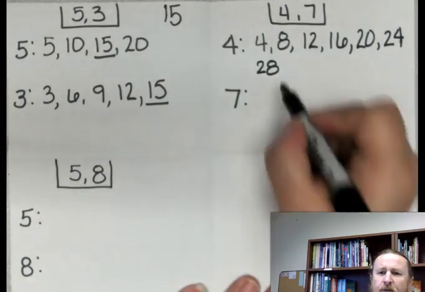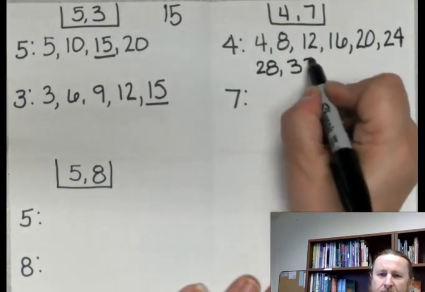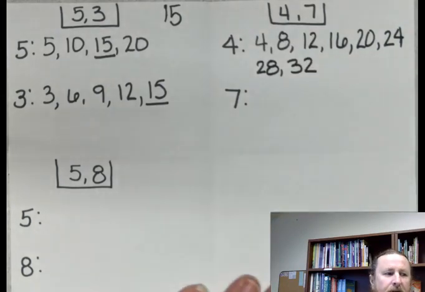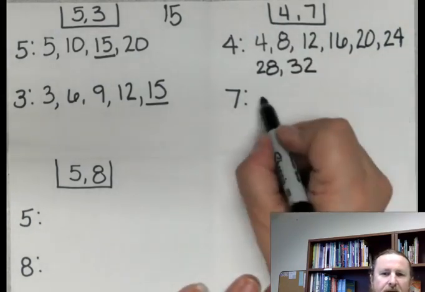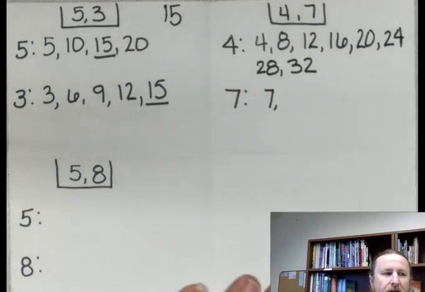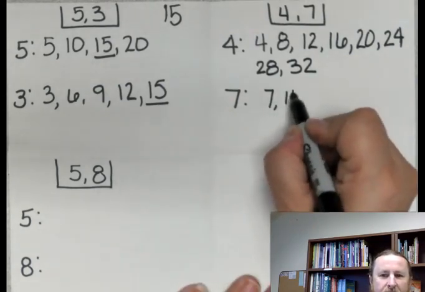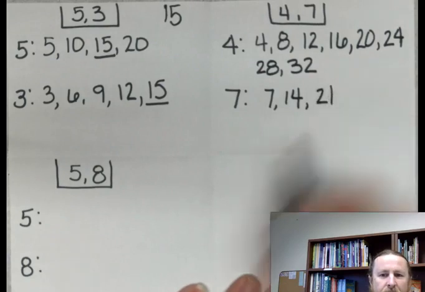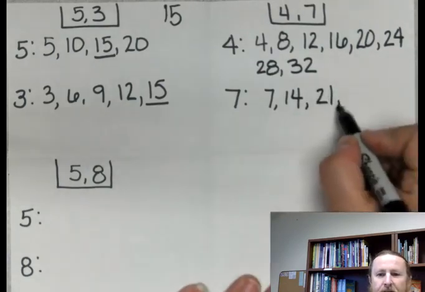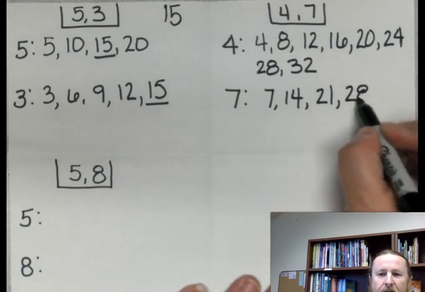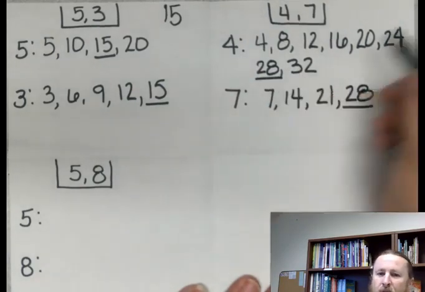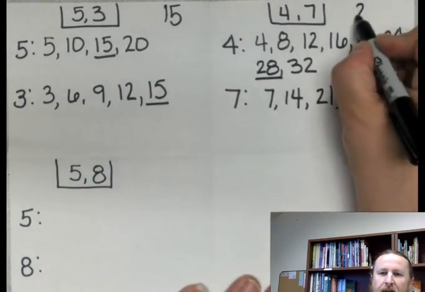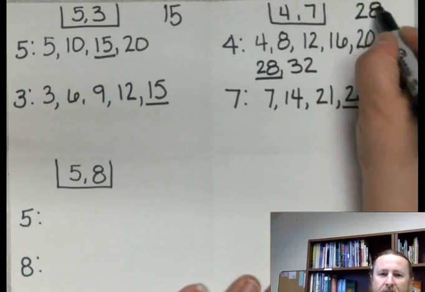And we'll go up to 32 just to be sure. Then we're going to list out the multiples of 7: 7, 14, 21, and 28. And now we have our least common multiple for 4 and 7, and that number is 28.